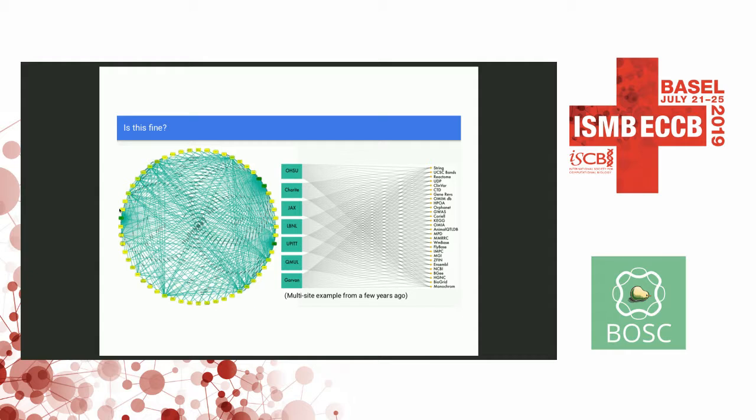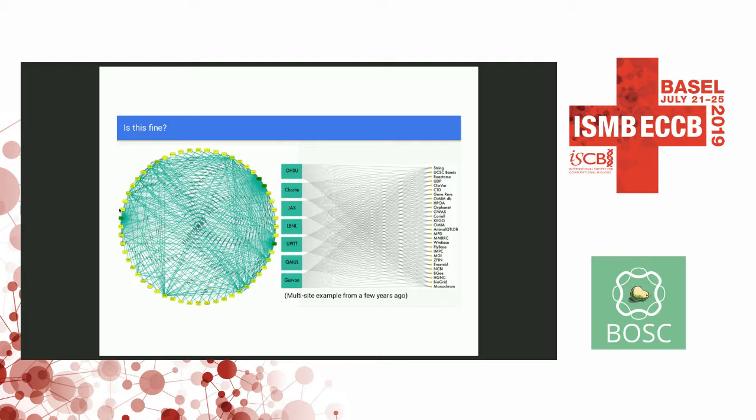Looking at the right, this is an example from a few years ago. Theoretically, if you wanted to create a multi-site aggregating data resource, where multiple different institutions are all trying to reuse multiple different data resources, and you wanted clear rights distribution for the entire project, each of these lines represents some kind of negotiating interaction with these different resources.